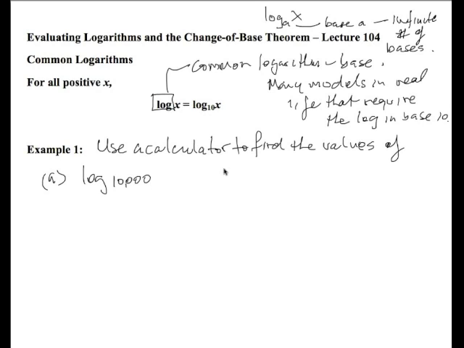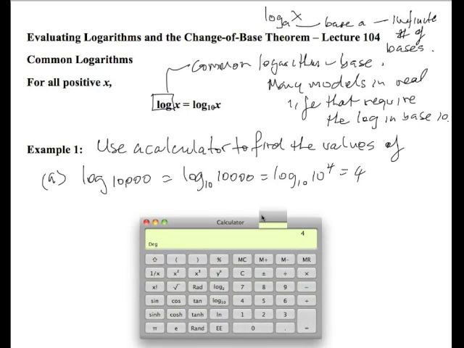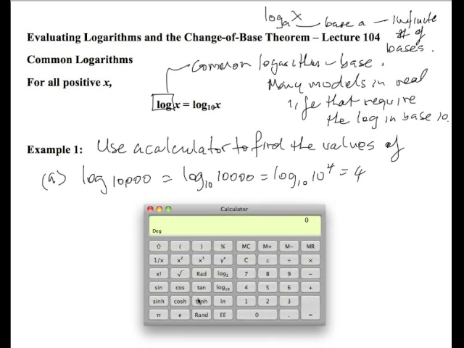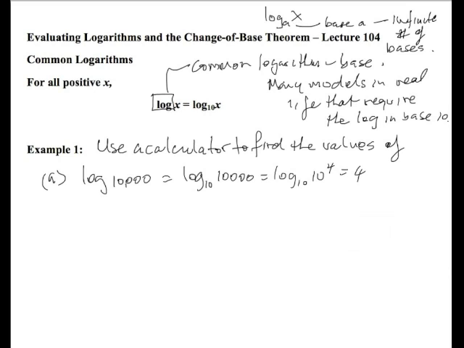Now we don't really need a calculator to do this, because log in base 10 of 10,000 is log in base 10 of 10 to the 4, which would be 4. But we can verify that: we put in 10,000 and then hit log, and there it is, 4.